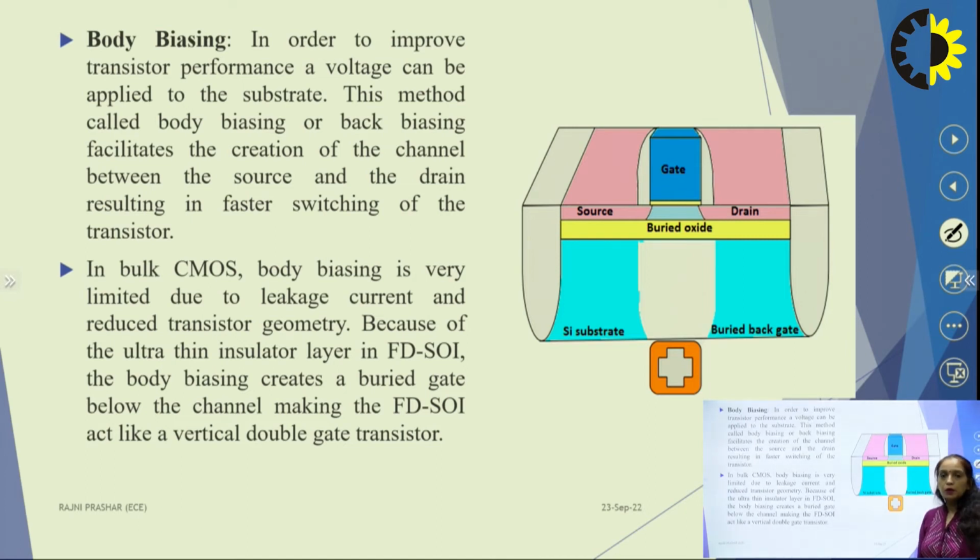This method is known as body biasing or substrate biasing, and it is sometimes also called the back biasing effect. So the creation of the channel between the drain and the source results in fast switching by applying some voltage at the substrate end.